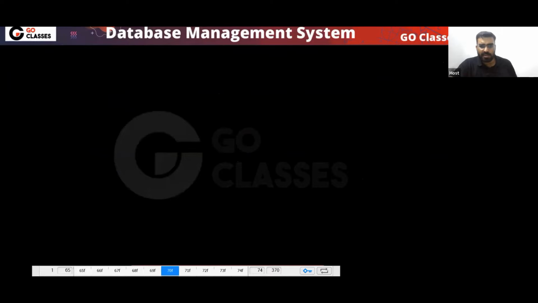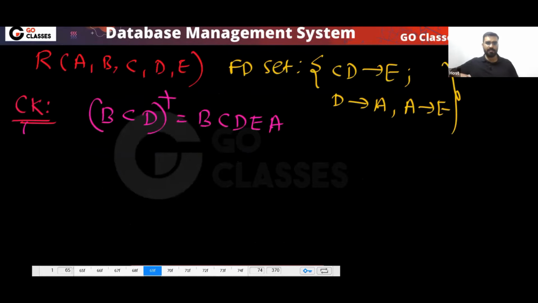Using a diagram, let's try to understand. Before that, let's take this example. Consider a relation A, B, C, D, E, and these are the functional dependencies.